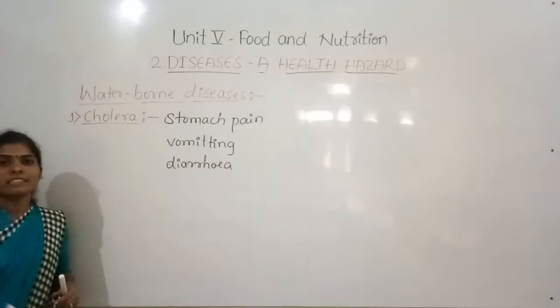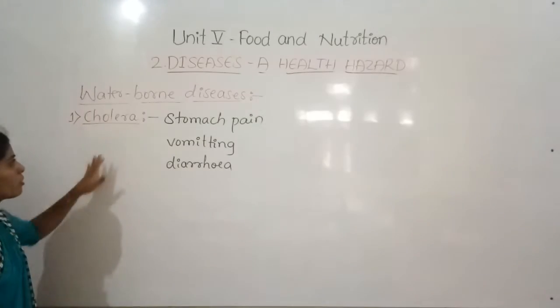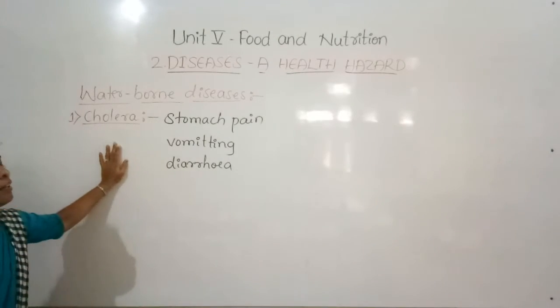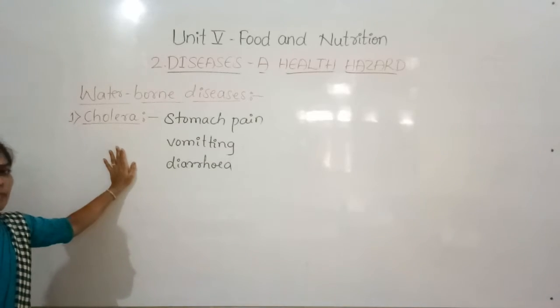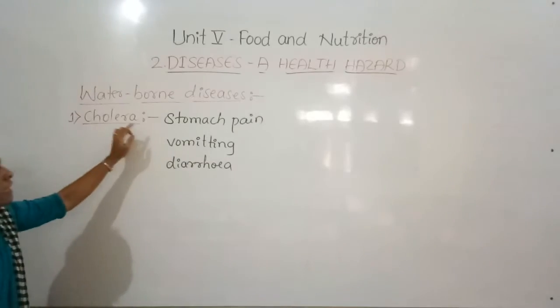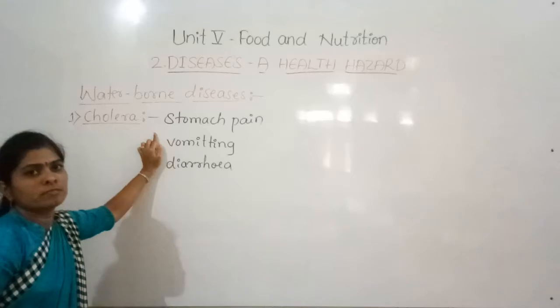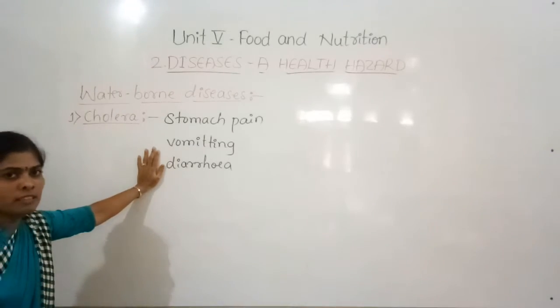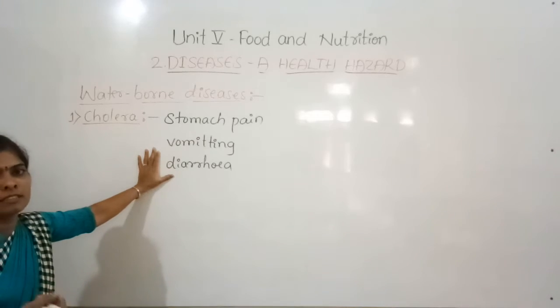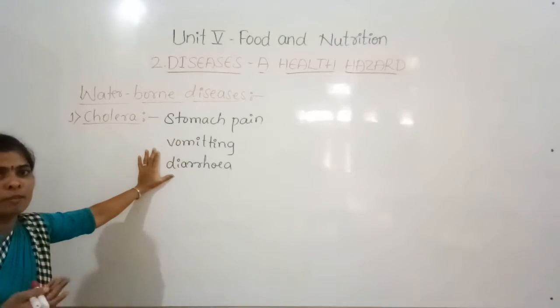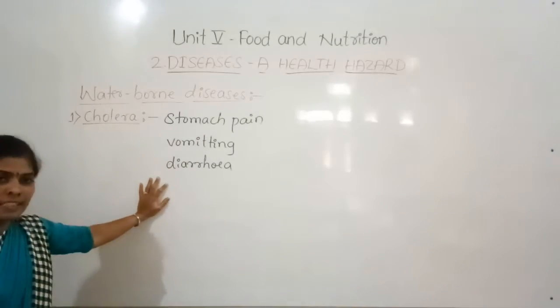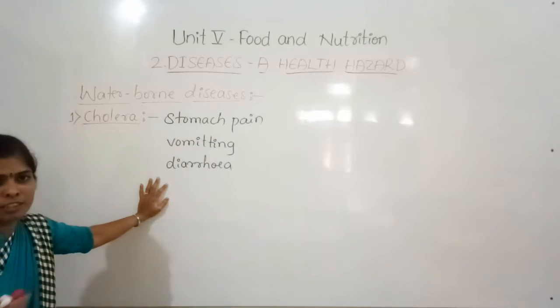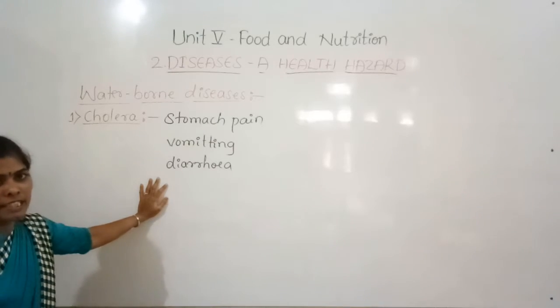When a person is affected by cholera, he suffers from severe stomach pain and frequent vomiting, and when vomiting takes place, water from the body is lost. With diarrhea, watery stool is ejected.